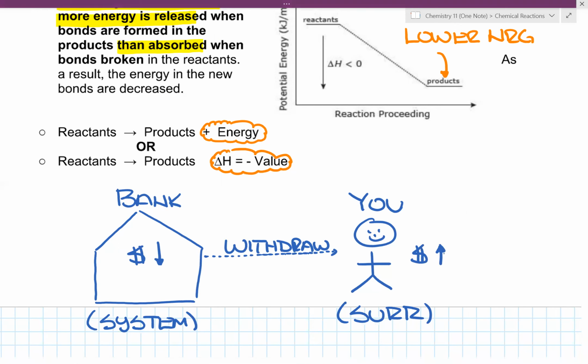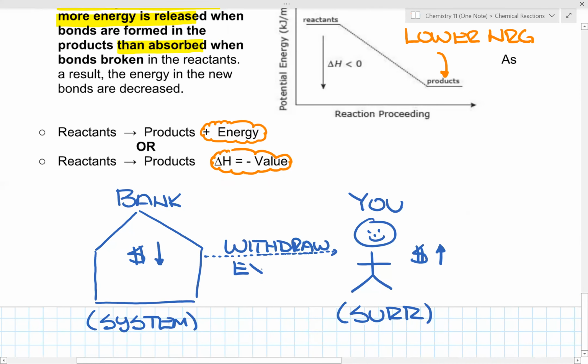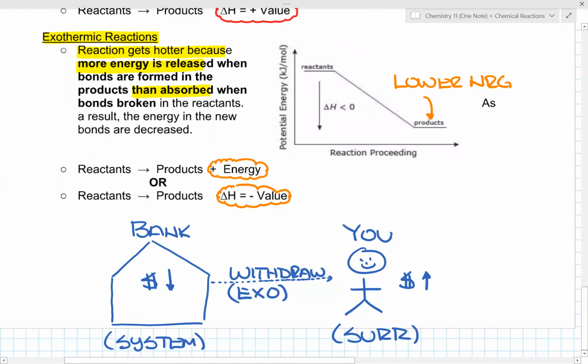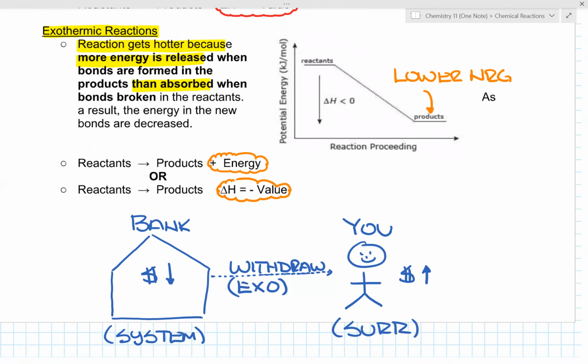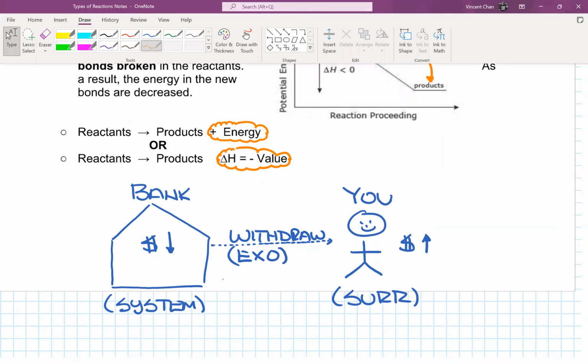This would be like an exothermic reaction. It gets hotter because you have more energy, but what you notice is you get less money or less energy in the actual reaction. Now, what would be an endothermic reaction?